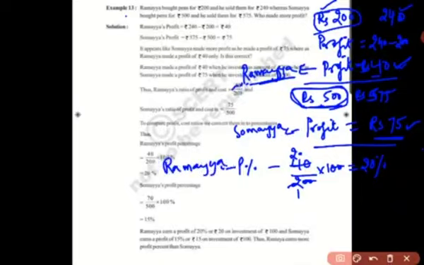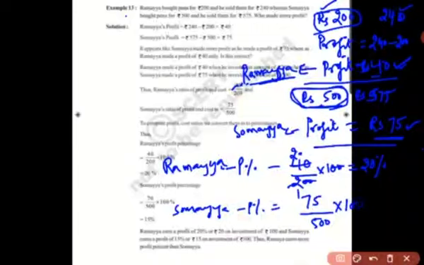Okay, now let us calculate for Somaya. So Somaya's profit percentage will be how much? He has got a profit of 75 rupees, but how much has he invested? That is cost price, it is 500. Okay, and we want percentage, so we will multiply by 100.